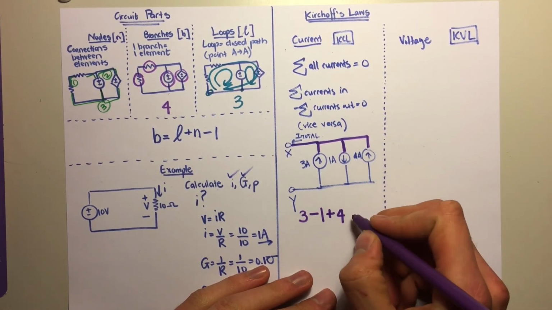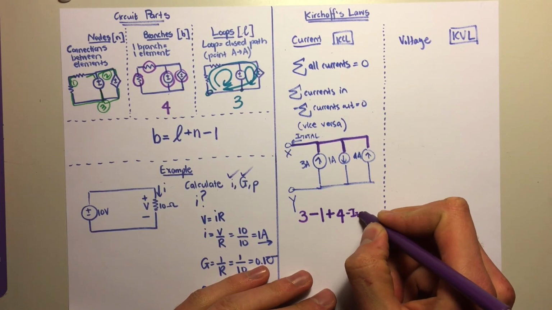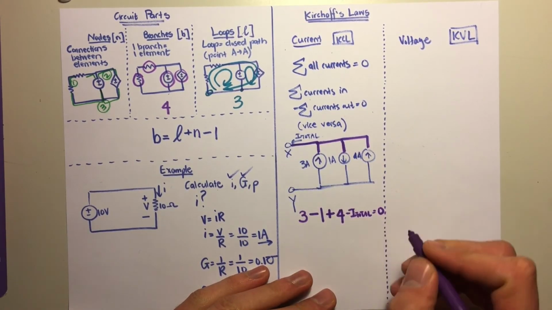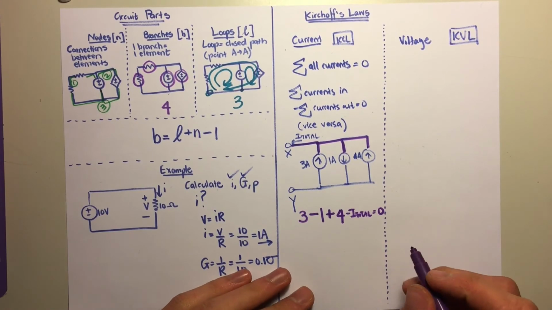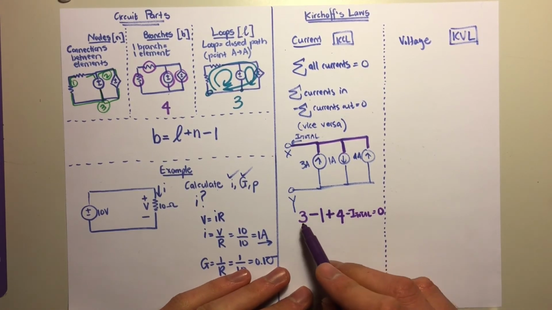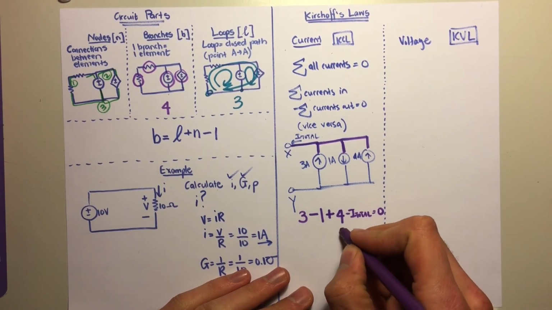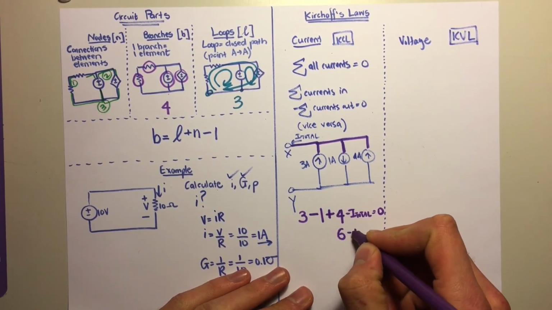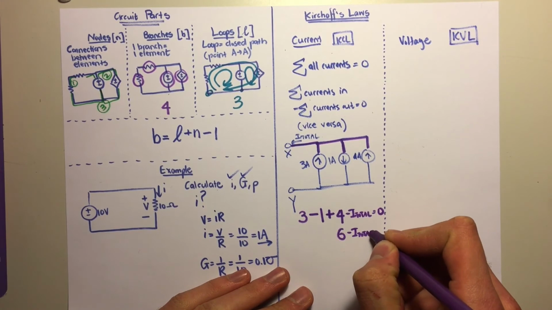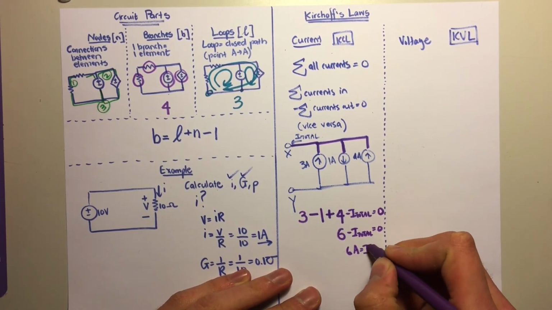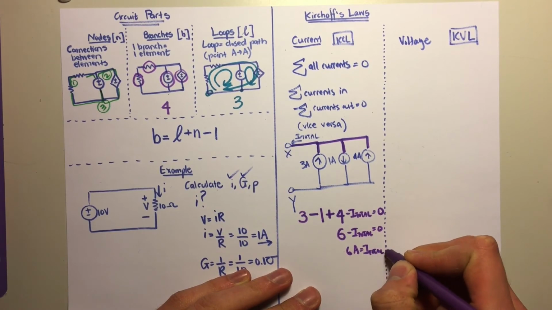And minus I total, which is going out, equals 0. Okay, so now we can say 3 minus 1 is 2, plus 4 is 6. So 6 minus I total equals 0, and 6 amperes equals I total.